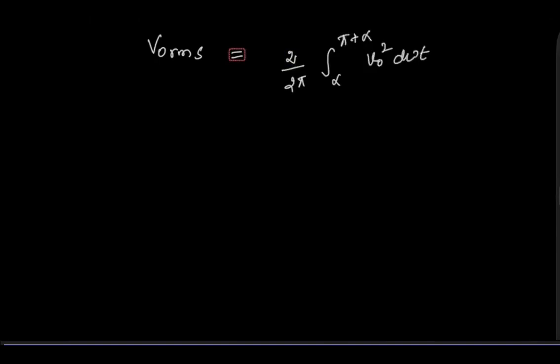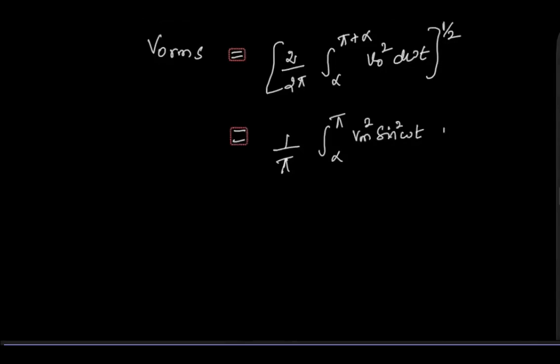Now we can find the RMS output voltage. V0 RMS can be written as 2 by 2 pi integration from alpha to pi plus alpha of V0 square d omega t, whole to the power 1 by 2, which can be rewritten as 1 by pi integration from alpha to pi of Vm square sine square omega t d omega t, whole to the power 1 by 2.